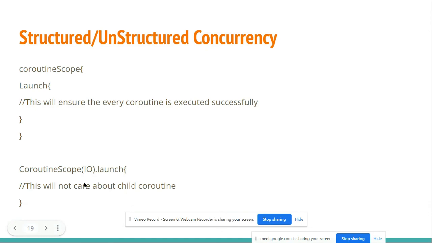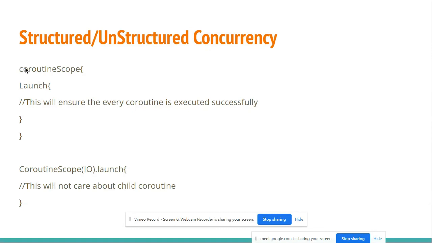What will happen in that case? There is a chance the parent coroutine will finish its completion first while the child coroutine is still in progress. So there is a chance of getting the wrong result. By using the small coroutineScope, we can remove that problem.